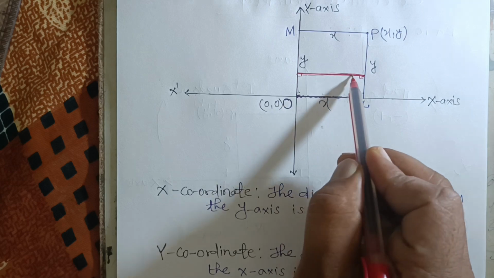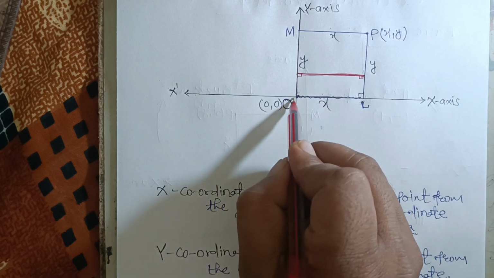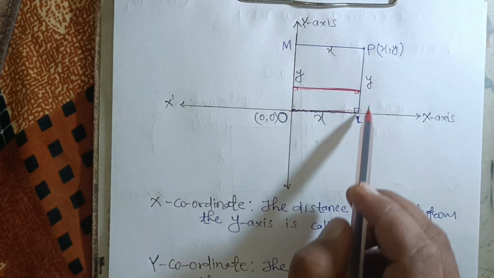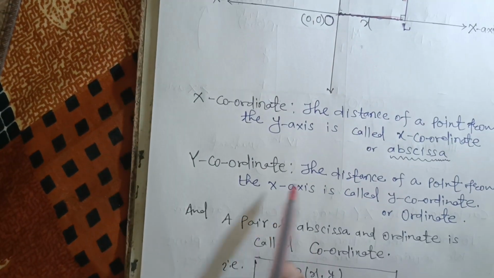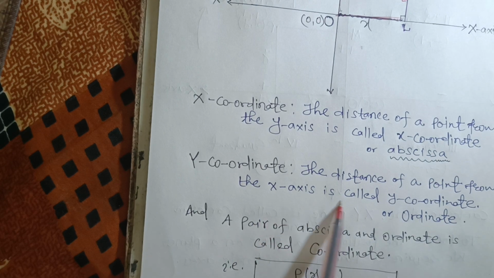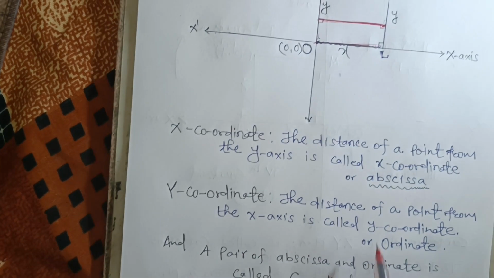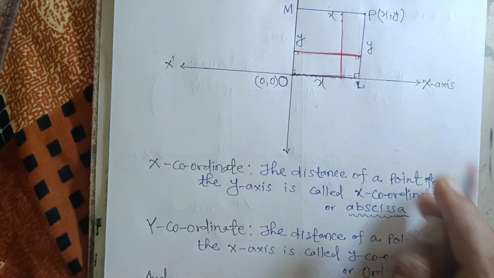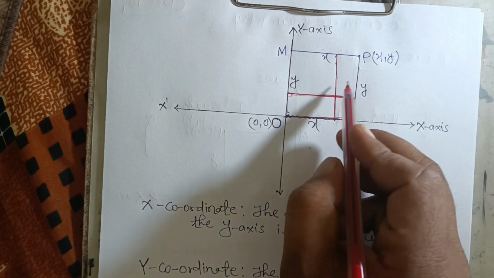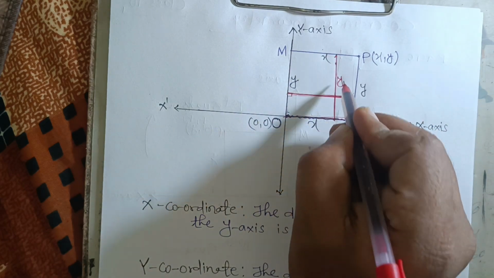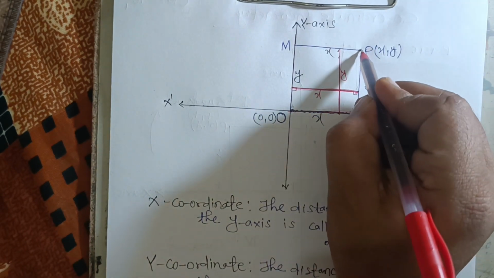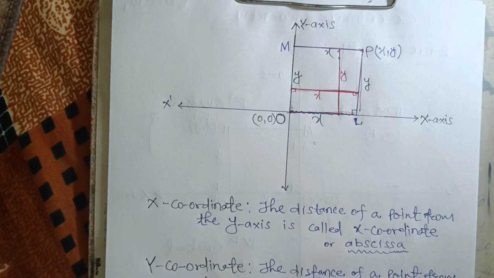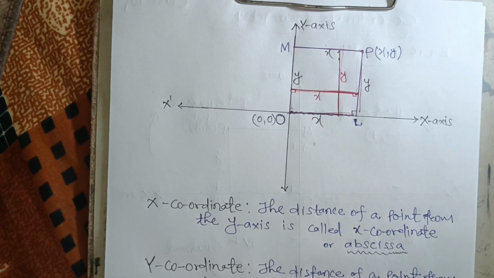And the distance of a point from x-axis represents y coordinate. This line represents y coordinate. This is y and this is x, and together x and y are taken as xy coordinate, means coordinate.